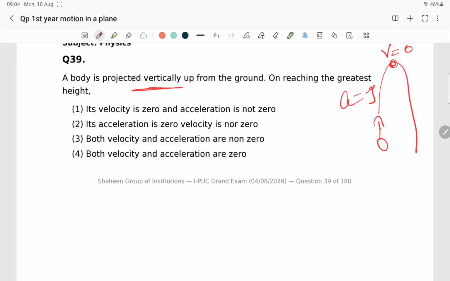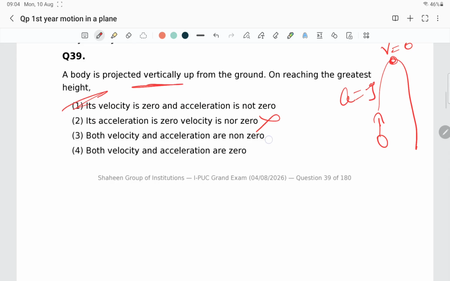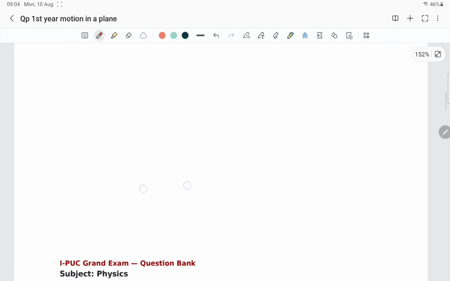So its velocity is 0 and acceleration is not 0. On reaching the greatest height, velocity is 0, acceleration is not 0 because g is always working. Its acceleration cannot be 0. Both velocity and acceleration are non-zero. Velocity is 0, everyone knows. Both velocity and acceleration are 0. This also is not possible. So only possible is option 1.